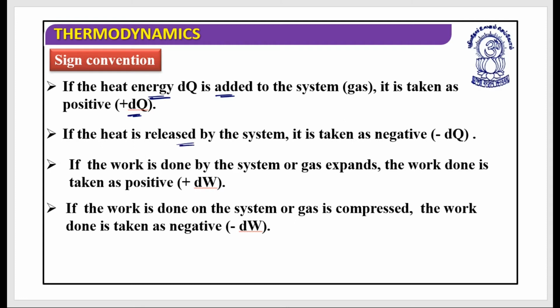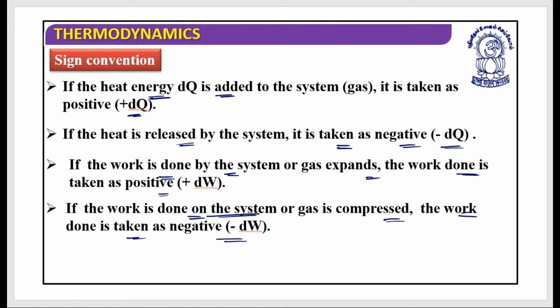If heat is released by the system, then it is taken as negative, that means minus dQ. Next, if the work is done by the system, or the gas expands, the work done dW is taken as positive. And if the work is done on the system, or the gas is compressed, the work done is taken as negative.